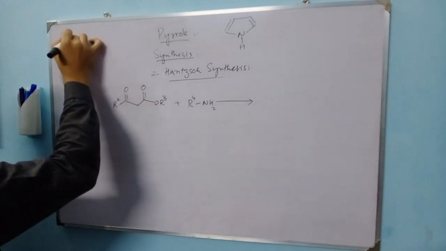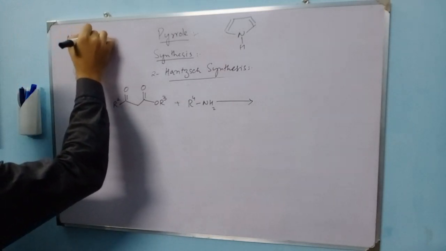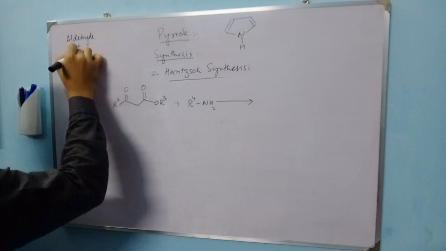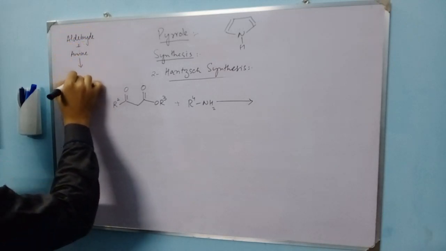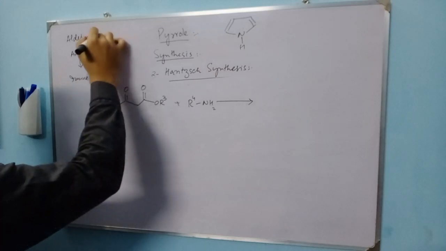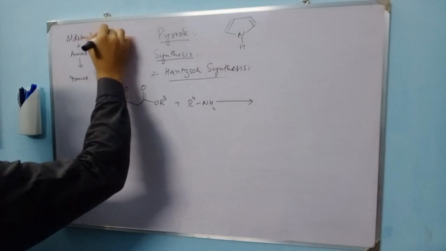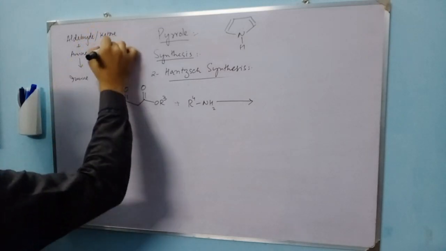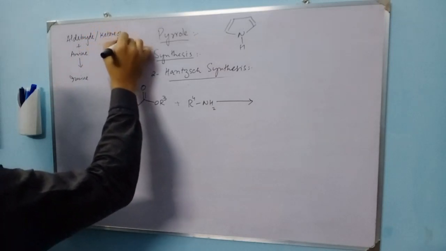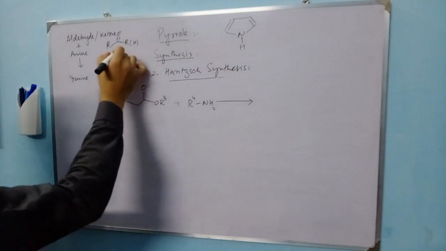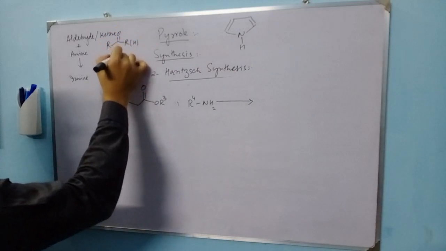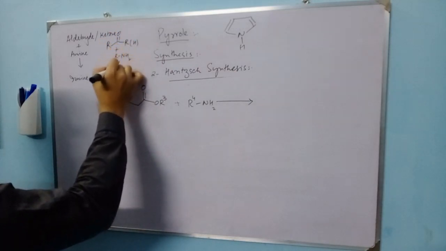So aldehyde plus amine give rise to imine, and we can use ketone as well. So the reaction for this is ketone. If we use hydrogen, it would be aldehyde plus RNH2.